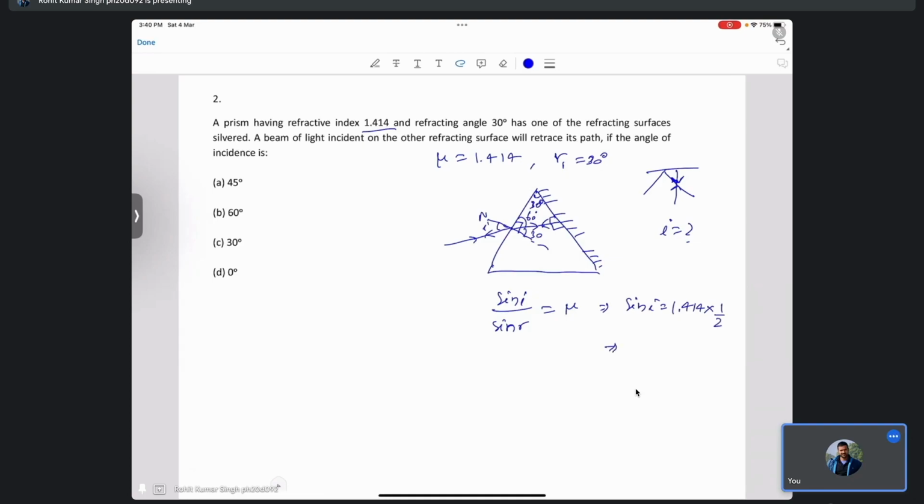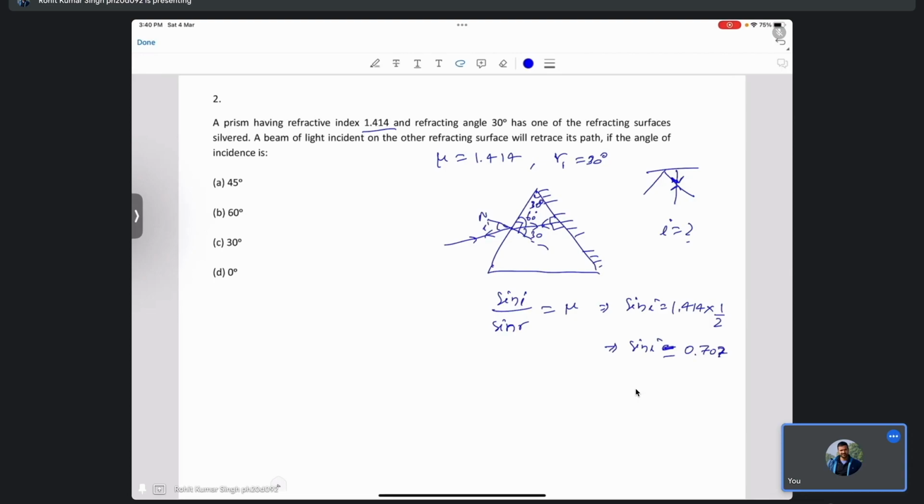So sin i will be half of 1.414, which is 0.707, right?